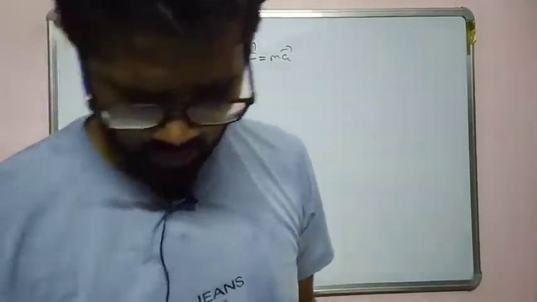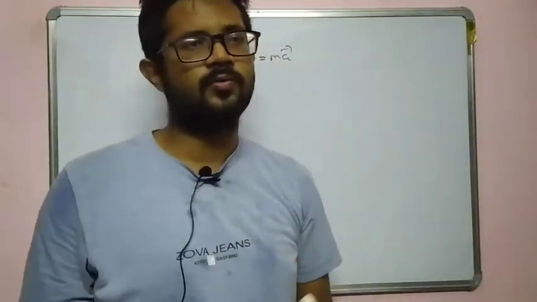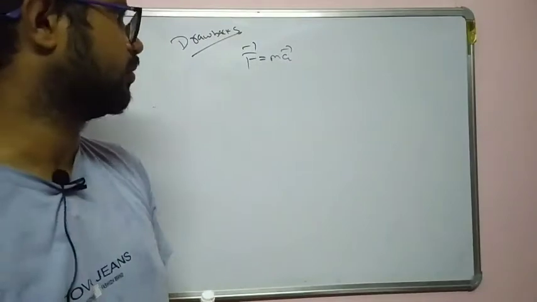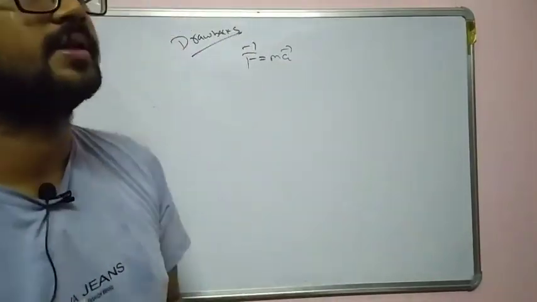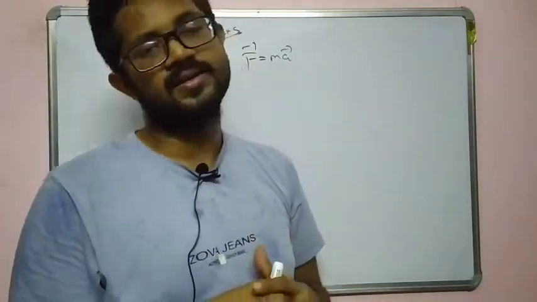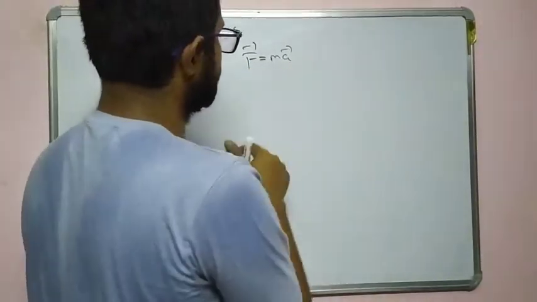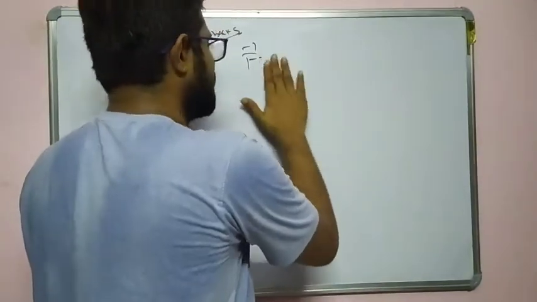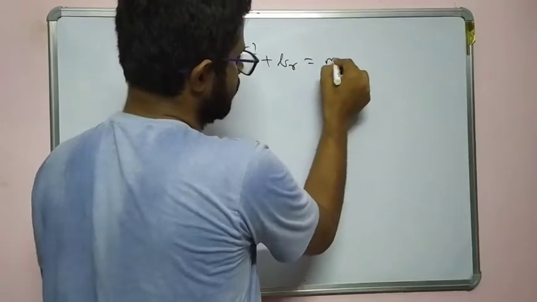Later we will go for D'Alembert's principle, in which you will see it is completely a scalar product. Another thing is that it is not only F equal to ma, it is F plus small f_r equal to ma.